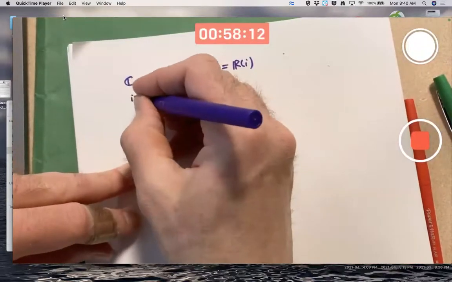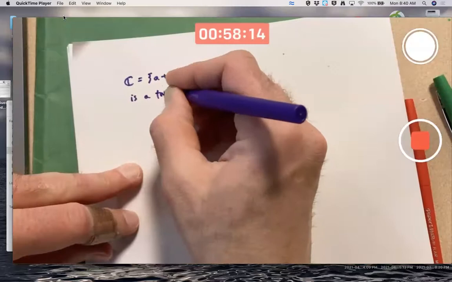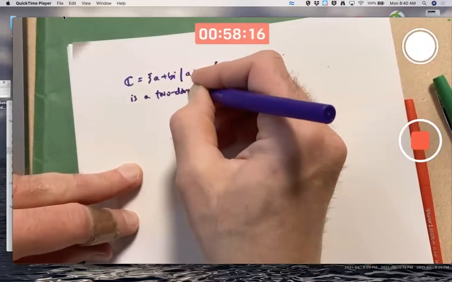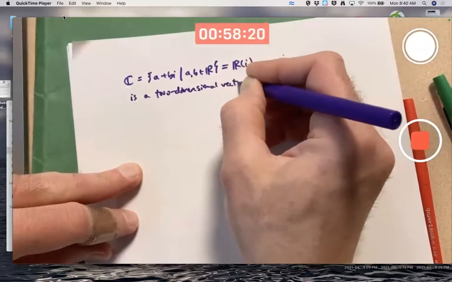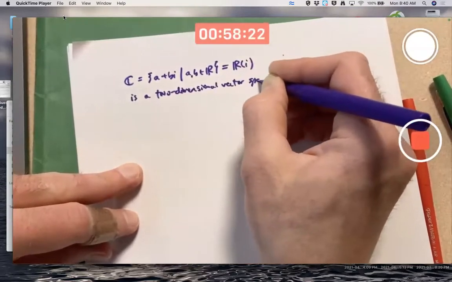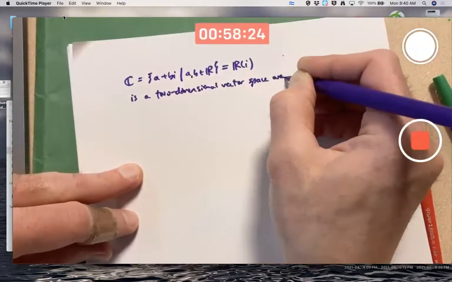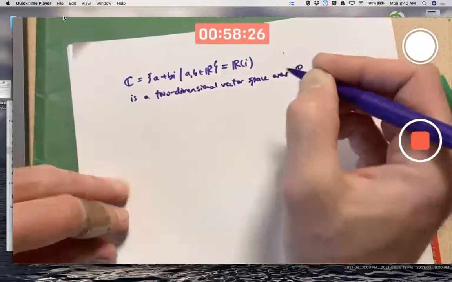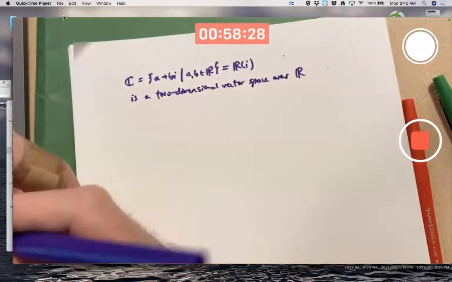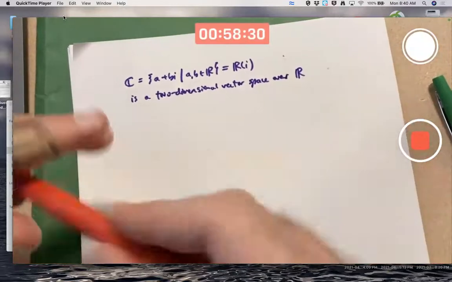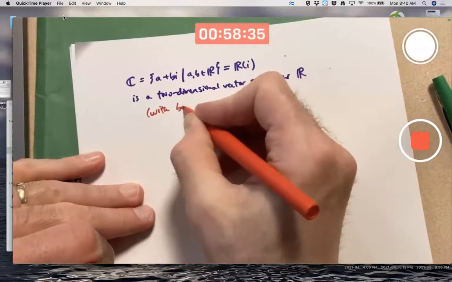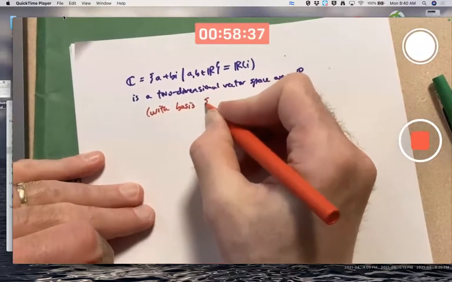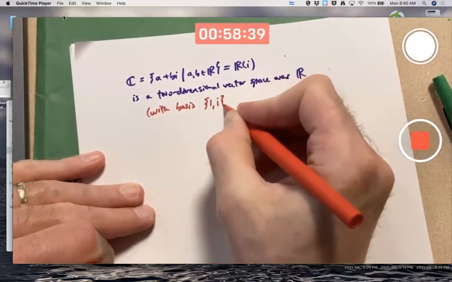This is a 2-dimensional vector space over R, the real numbers, with basis 1, i.